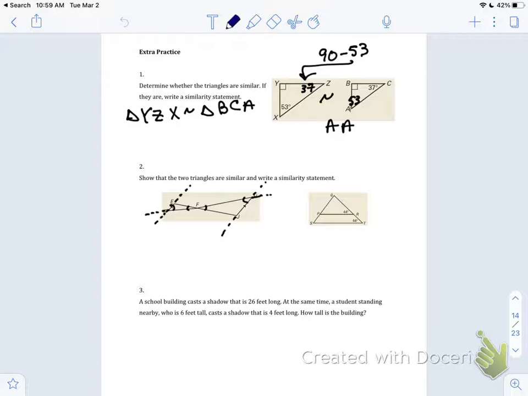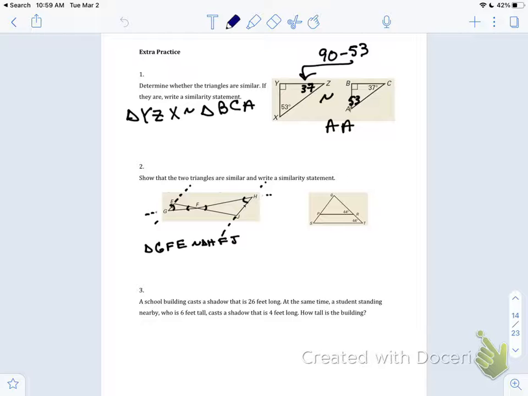If I'm going to write my triangle statement, go from the alternate interior angle to the vertical angle to the other angle. And that's similar to, I started with the alternate interior angle, the vertical angle, and then the other angle.